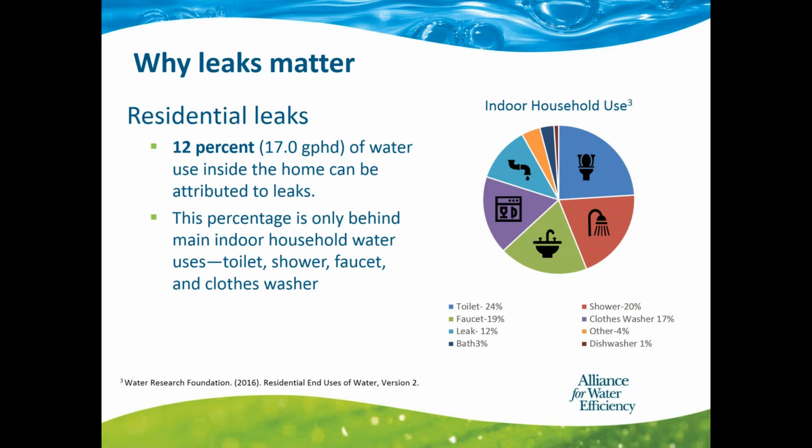It's only behind the main indoor household water uses that we typically think of as high water using devices: toilet, shower head, faucet, and clothes washer. Leaks are becoming an issue that water utilities are increasingly spending more time trying to figure out how to address. It saves the customer money and it saves the utility water supply as well. So these are issues that we need help in addressing.